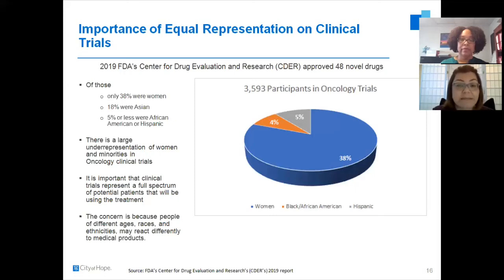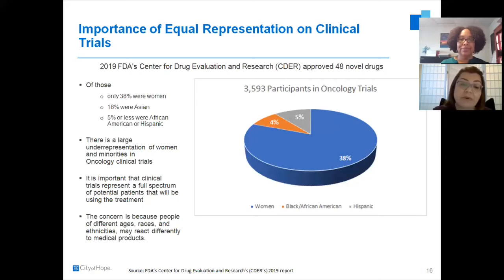A great example of this is the recent COVID-19 vaccine studies, where we see that the majority of the population being affected are the minorities, African American and Hispanic populations. But if we use the numbers that we've seen previously, where 5% or less of the population is participating in a clinical trial, we really won't be able to get a full picture of how the COVID-19 vaccine would work on this underrepresented population.